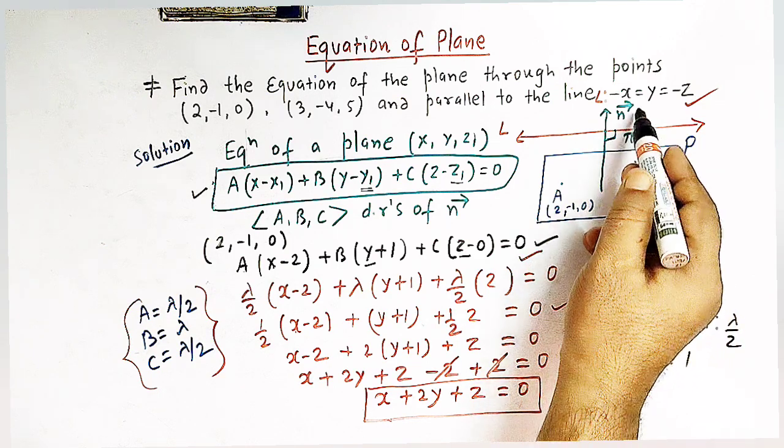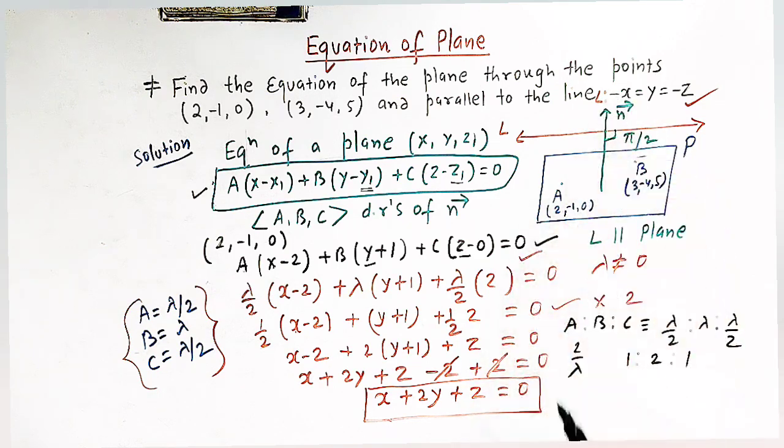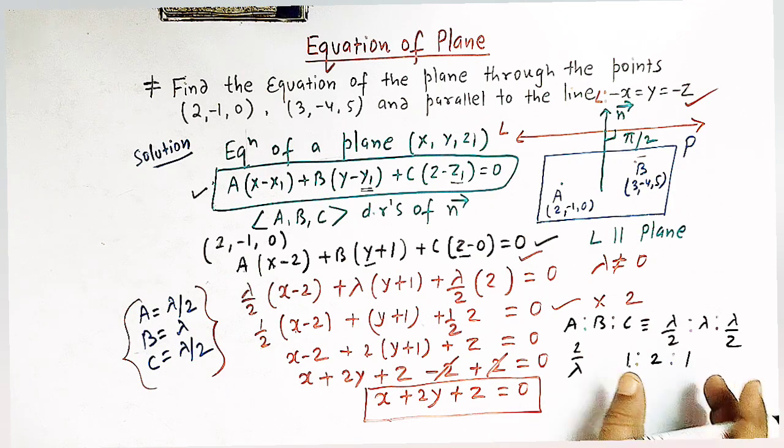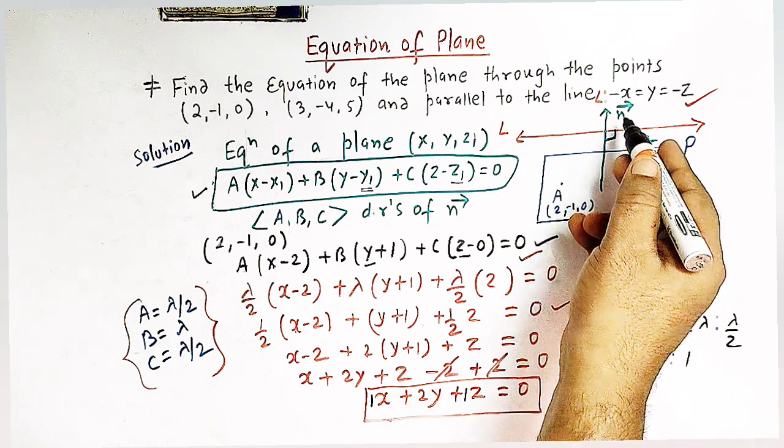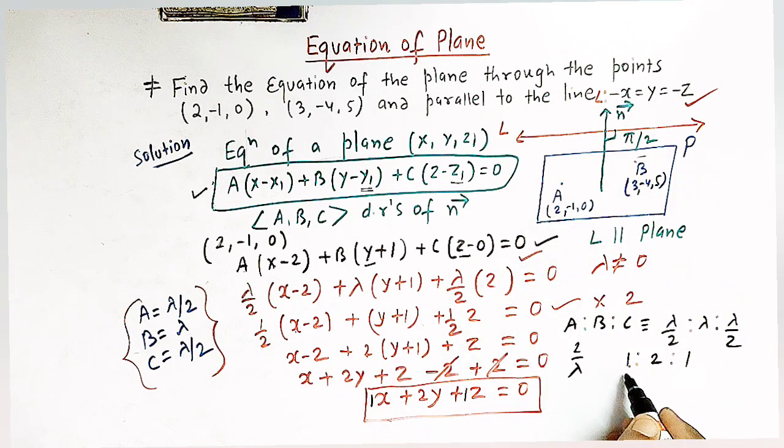So the direction ratios of the normal vector are 1, 2 and 1, which is quite evident from this equation, because the coefficients of x, y and z are given by the direction ratios of the normal vector. So here we have 1, then 2, and 1, right?